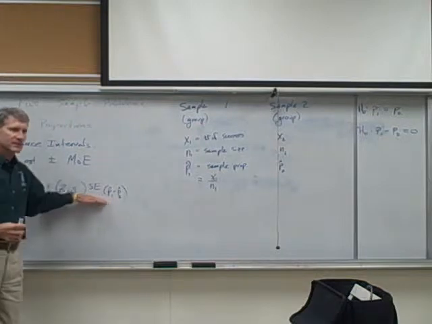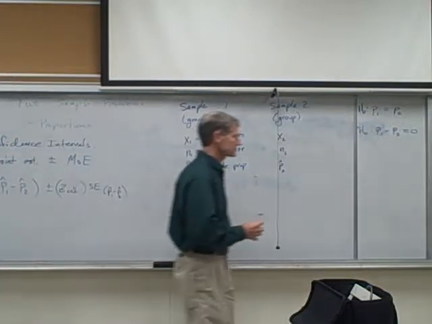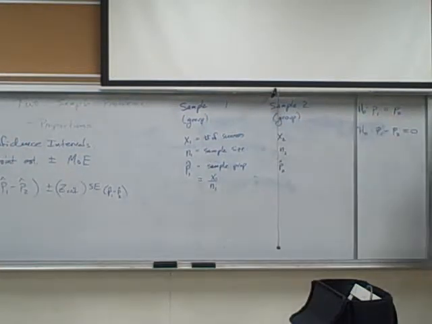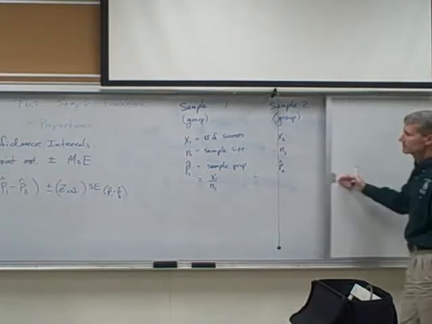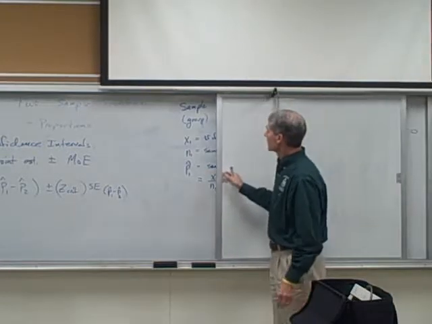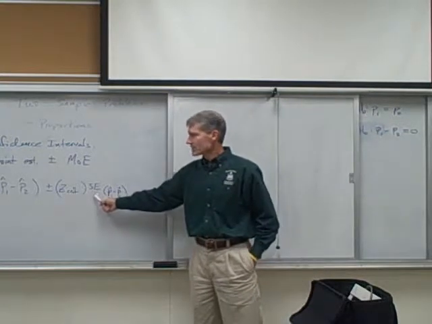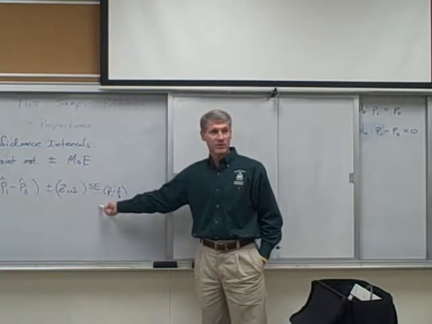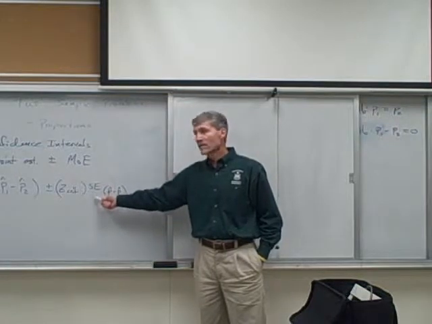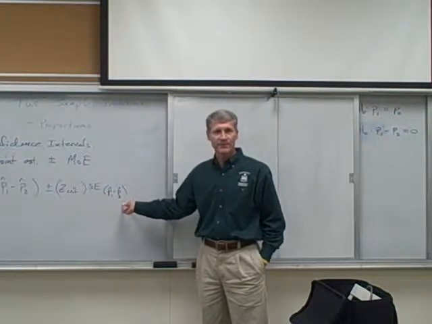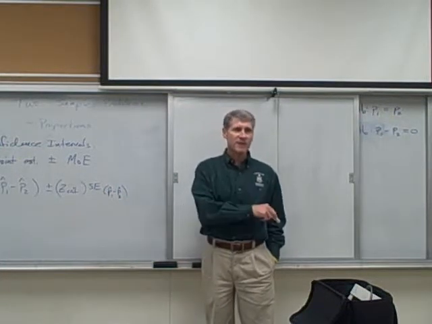So that guy is a little bit tricky. Now I'll warn you right off the bat that the standard error that is computed for a confidence interval is slightly different than it is for a hypothesis test.